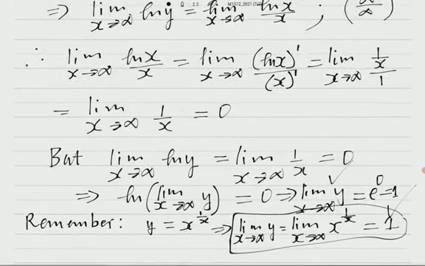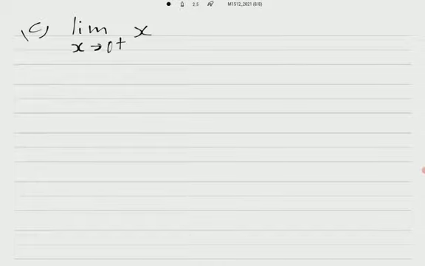Beautiful. Let's look at number C, the last one. It's of a different nature too. So number C, we want to find the limit as x goes to 0 from the right of x ln of x. So let's first, as usual, check the form.